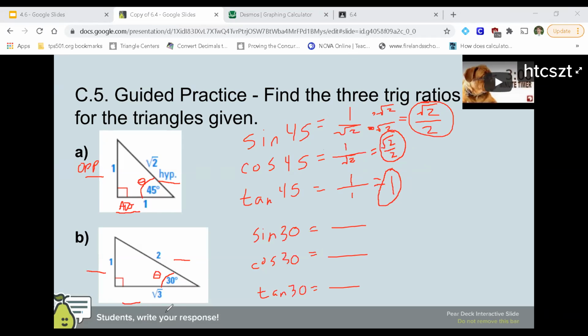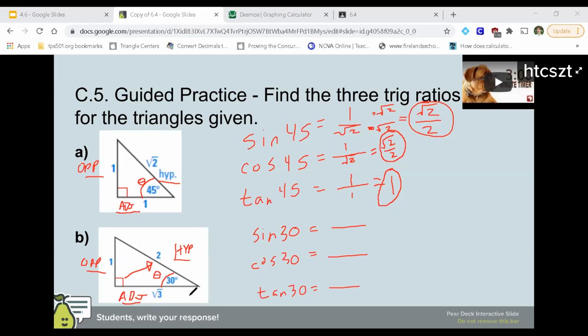All right, sine. Which one's opposite to 30? 1. What's the hypotenuse? 2. And then the adjacent side, therefore, has to be this one.